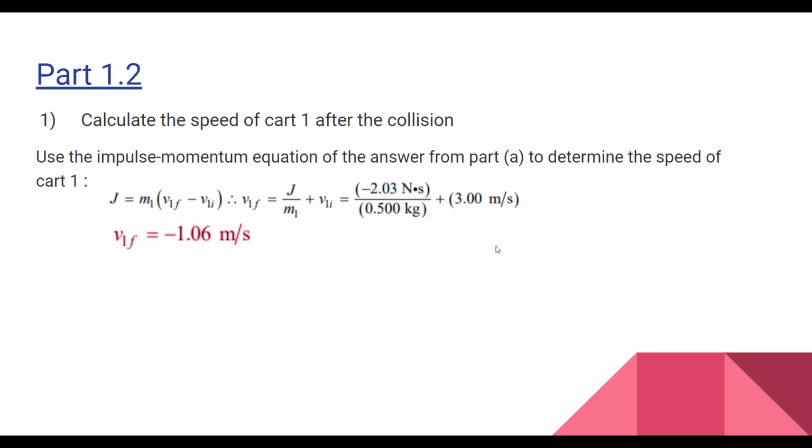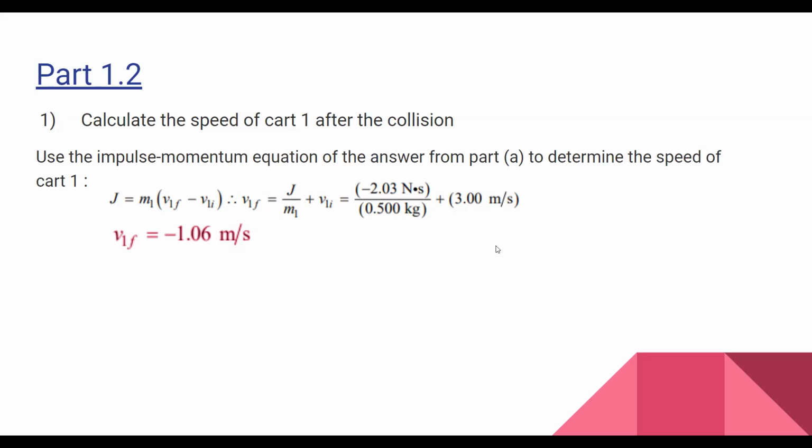delivered to both carts, because momentum is generally conserved. So by Newton's third law, if some force is applied to one of the carts, it must apply to the second one in the same way. So here we're just going to analyze cart 1, and you would just come up with your equation J equals delta P, and that's J equals M1 V1F minus M1 V1 initial.